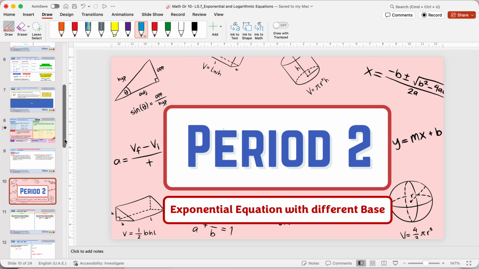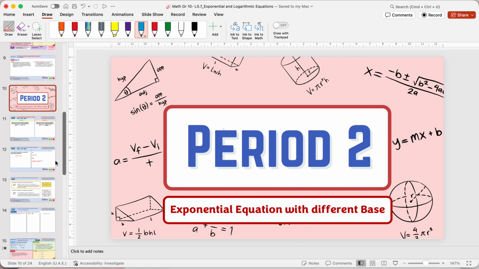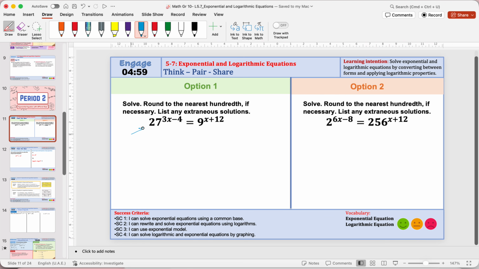So, next idea is solving exponential equations with different bases. What if I have a different base? Now, before we proceed with this, again, please explore these ideas. I think you will have to change both of them into 3. This is 3 squared, 9 is 3 squared. Obviously, keep the power. And 27 is 3 to the power of 3, 3x minus 4.